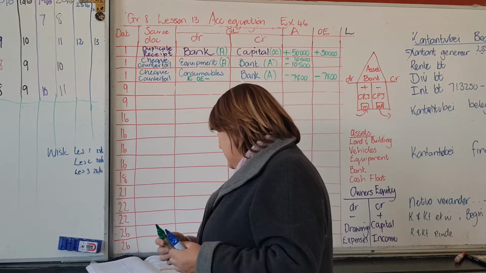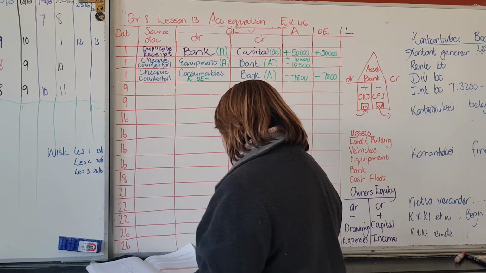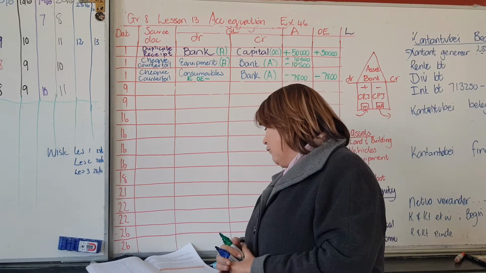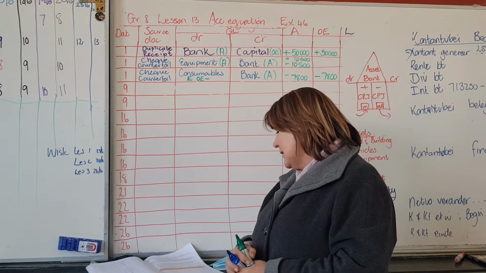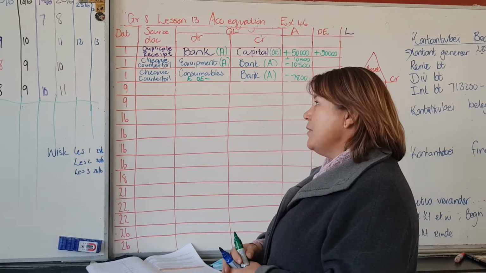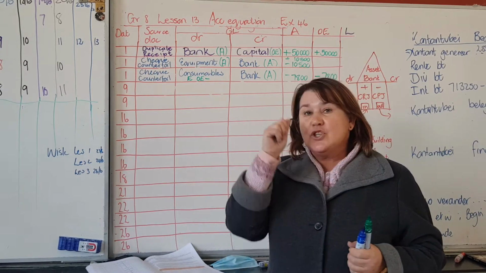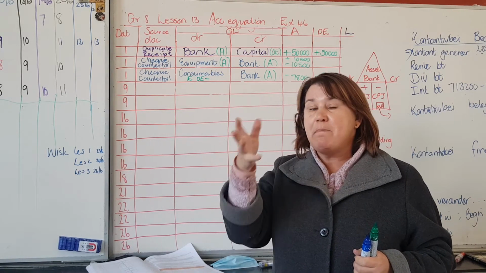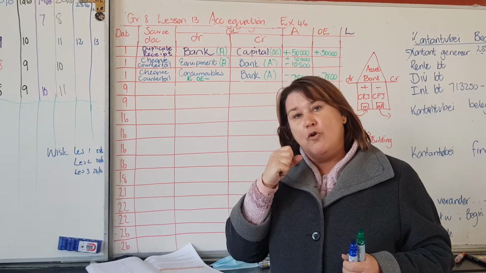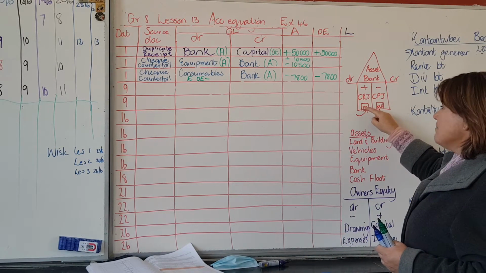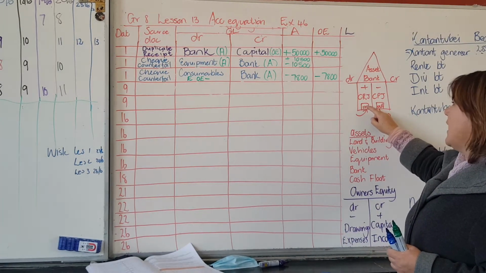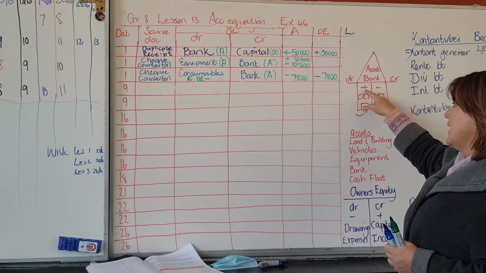On the 9th, it says, issue a receipt for 1,800 Rand. This is for rent. So somebody paid us for rent. What happened to your bank account? Money came into your bank account, so your bank account increased.